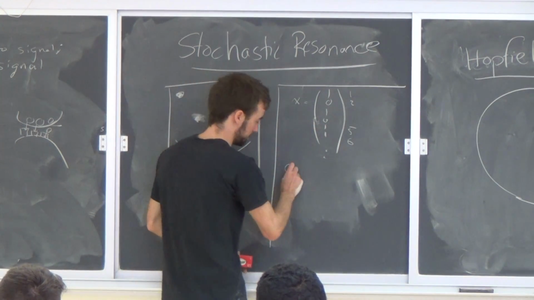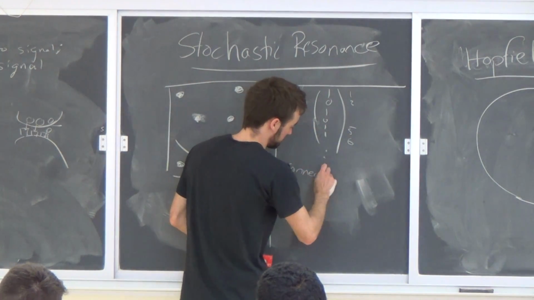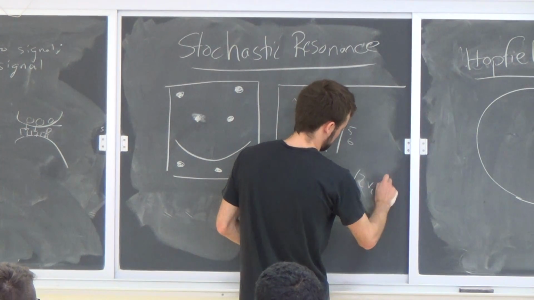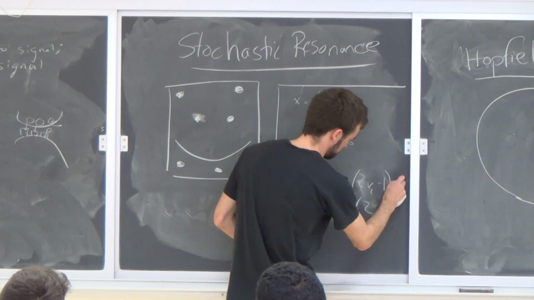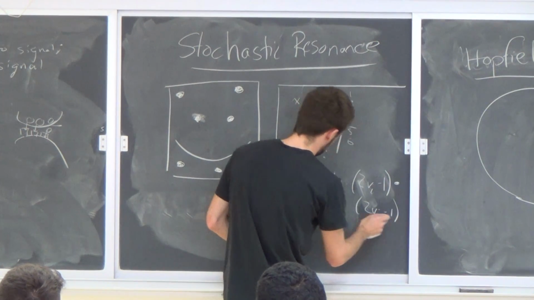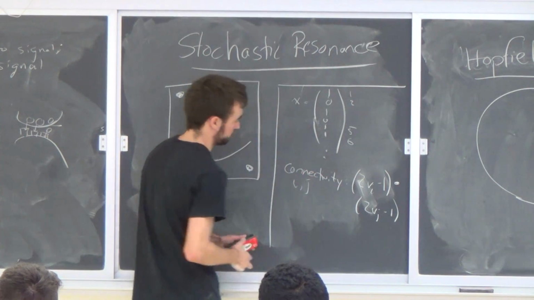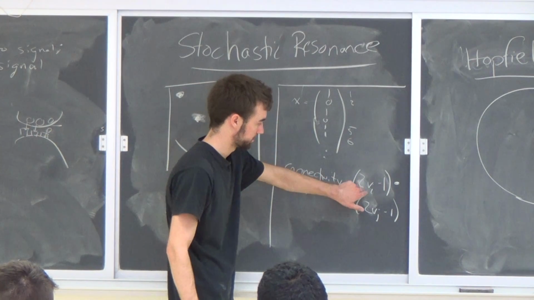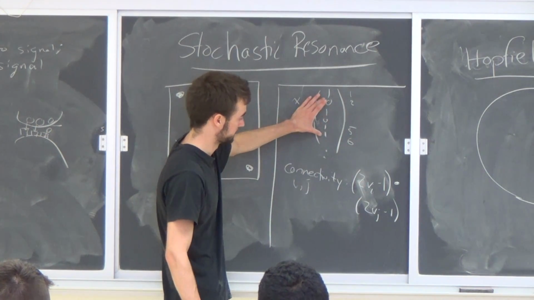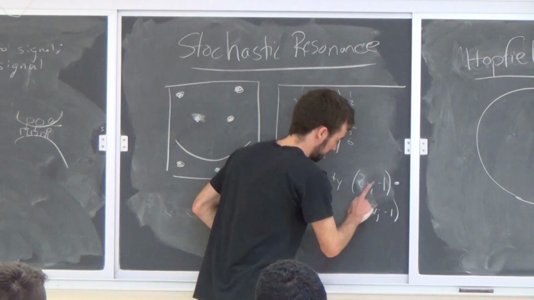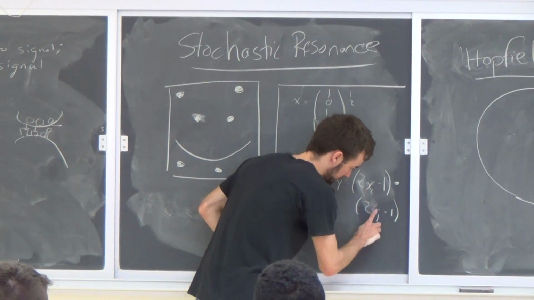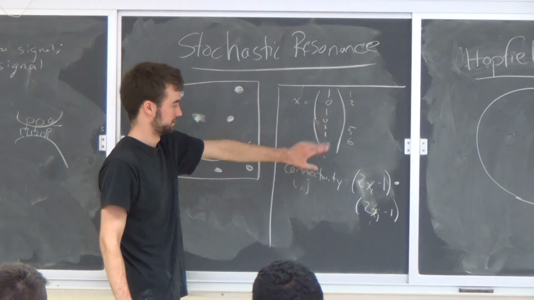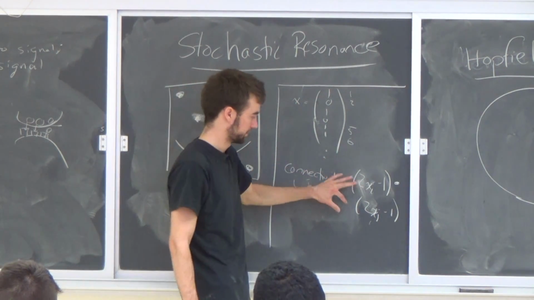So formally, for neurons i and j, they're connected with strength (2 minus v_i) and so on, where v_i is just the value that's in here. i and j are just integers less than the number of neurons.